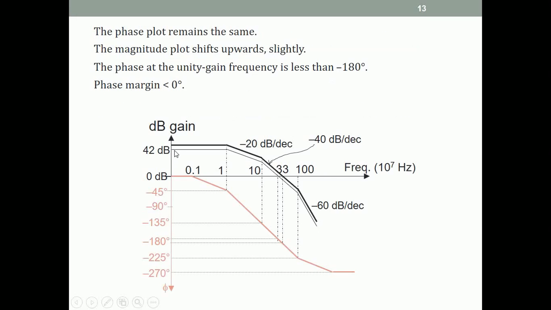So this lighter line was for the earlier gain of 123. The darker line is where the gain has increased a little. This is of course exaggerated on a dB scale, but this is just to illustrate. So when we increase the gain, basically the whole magnitude Bode plot shifts up. The phase plot is not affected.